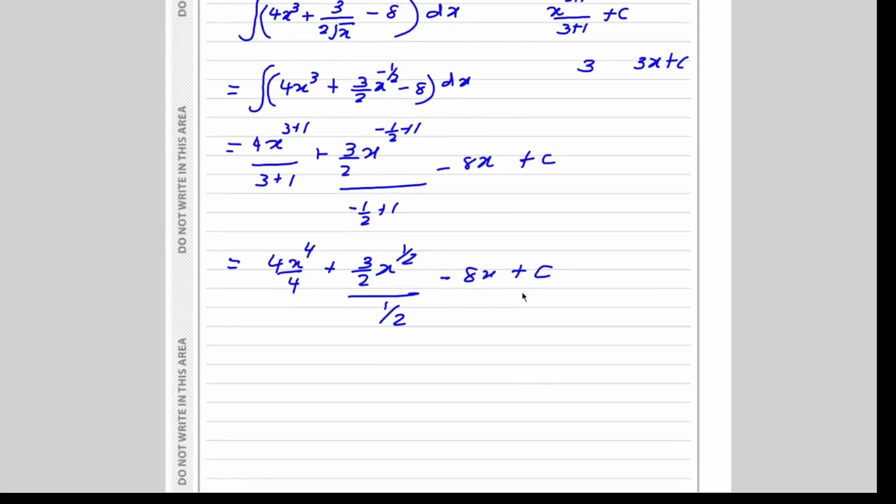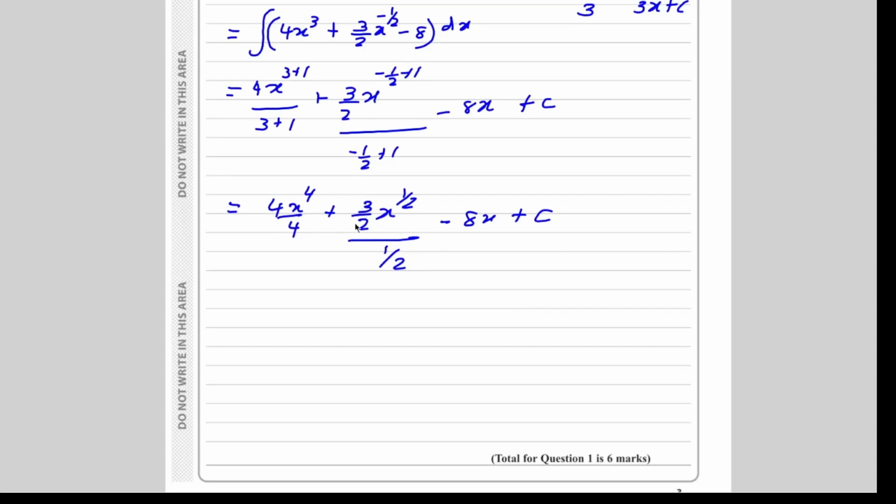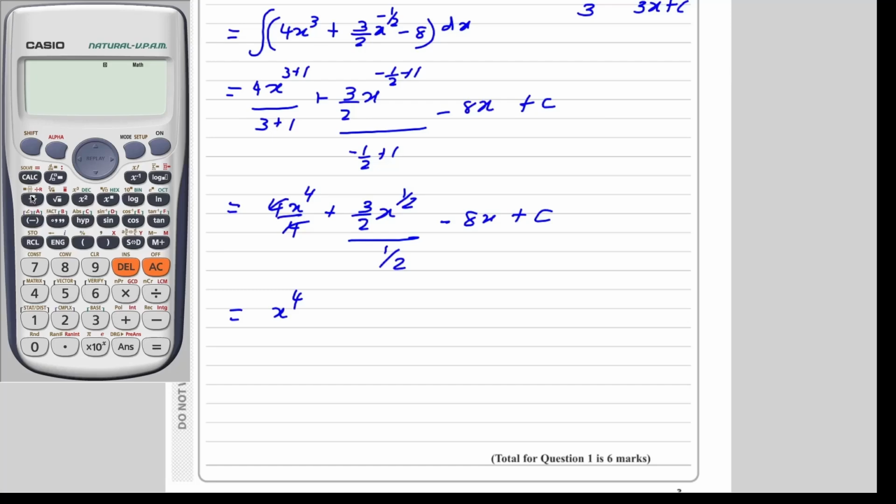Those who are struggling to write the answer, I'll help you. Here the 4s cancel out, x to the power of 4. Get the calculator, this is not a big deal. So get 3 over 2. This line means divide, so give the instruction to the calculator as division.